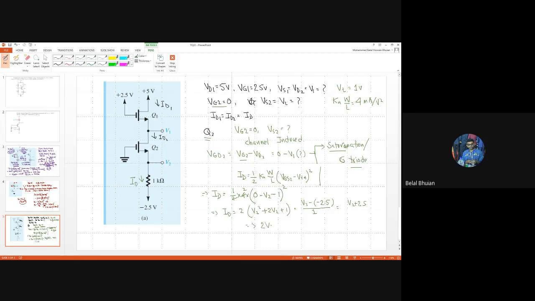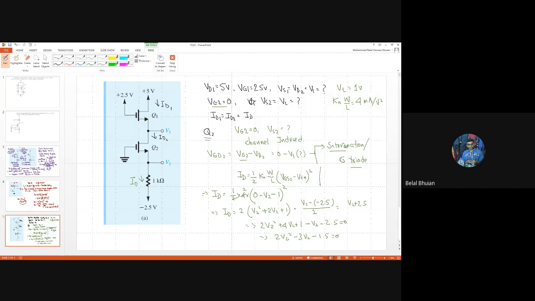So we get 2 V2 square plus 4 V2 plus 2 minus V2 minus 2.5 equals 0. That gives us 2 V2 square minus 3 V2 minus 1.5 equals 0.